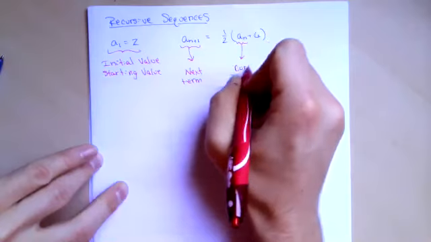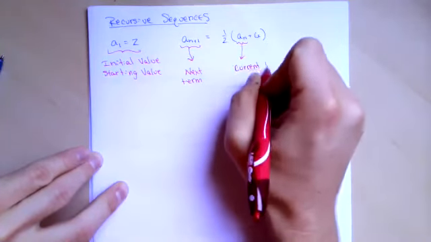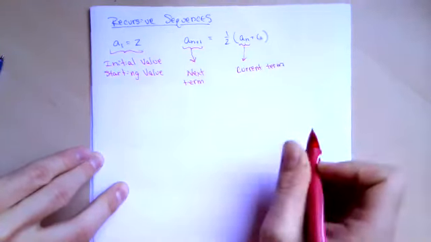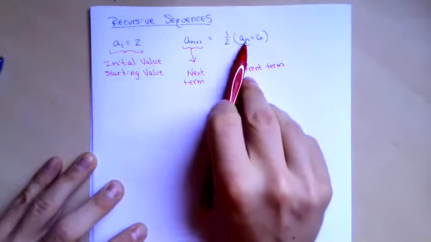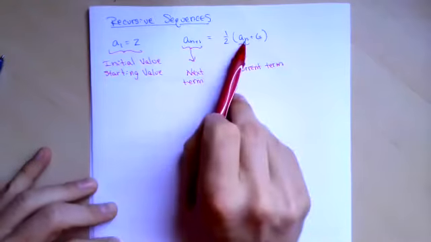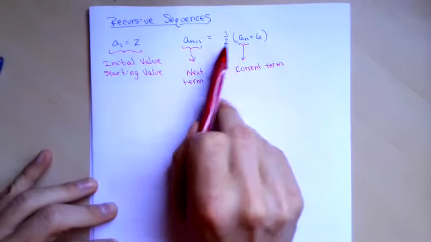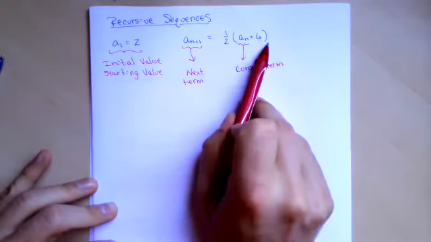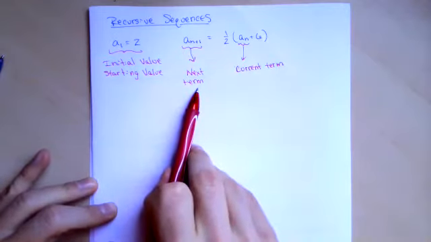And actually, let's call it the current term. So given our current value, our current term, I want to know, how do I find the next number in the sequence? I plug in my current term to this formula, and then I get the next term.